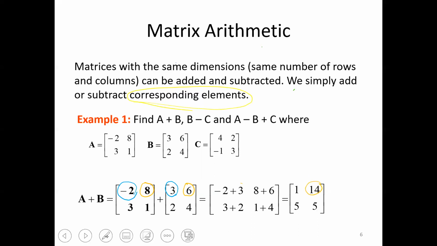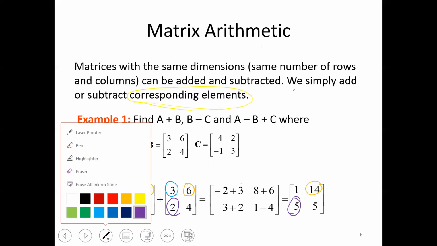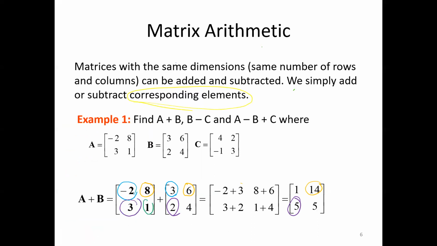The third one is 3 plus 2, which is 5. And the last element is 1 plus 4, and that gives us 5. Okay, so this is the sum of the matrices A and B. Basically, we just add the corresponding elements.